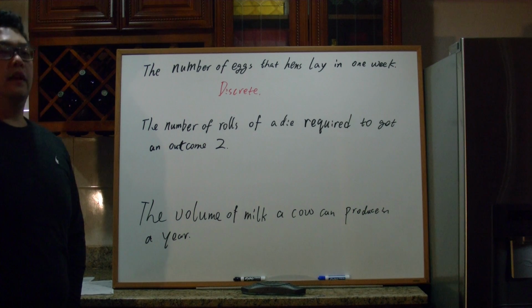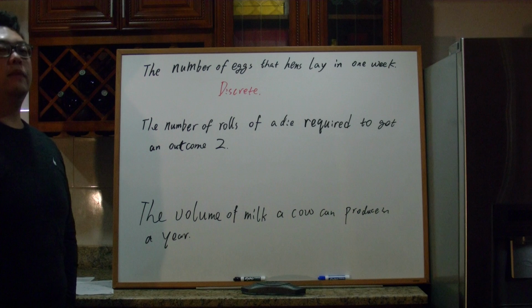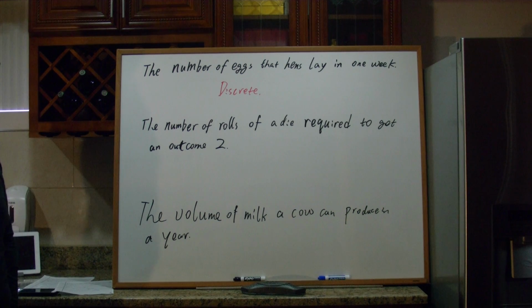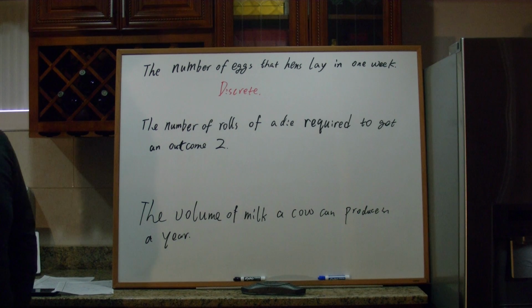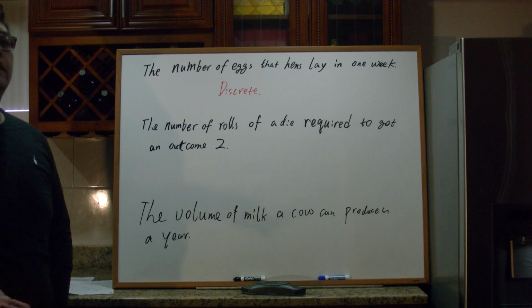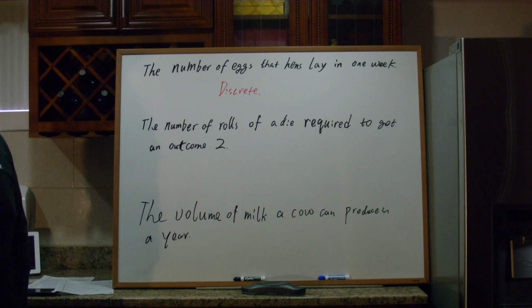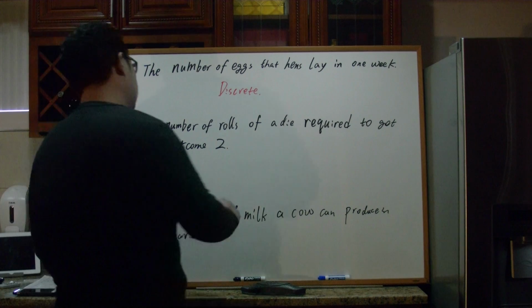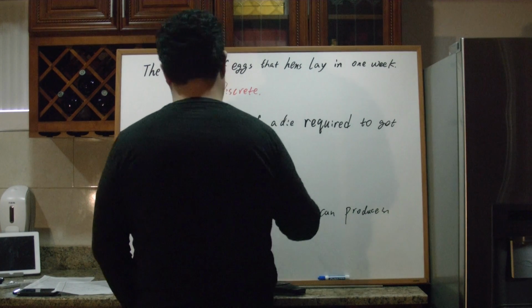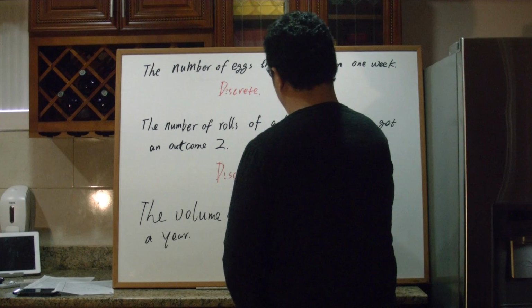Or extremely, if the die has some issue, possibly it never lands on 2, so it could be infinite and never end. Even if the number of rolls is infinite in some case, it is still countable. So this one is also discrete data, or maybe infinite.